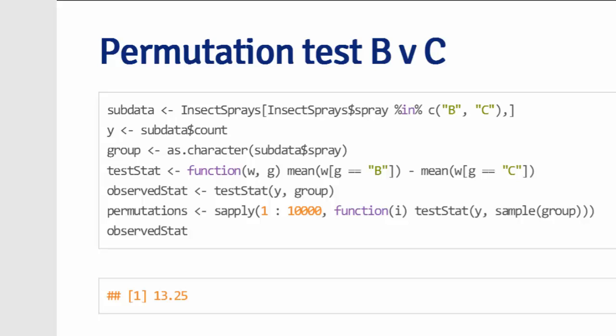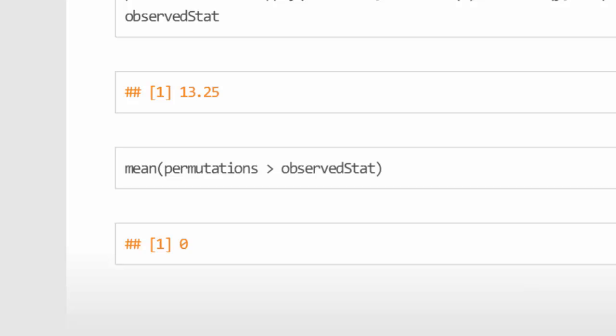This means that the 13.25 is the difference in the average count of dead insects for B minus dead insects for C, so in excess of 13 dead insects on average killed per batch for B versus C. Let's now calculate the percentage of our permuted test statistics that are larger or more extreme in favor of the alternative than our observed statistic.